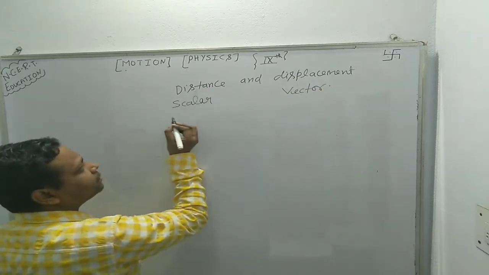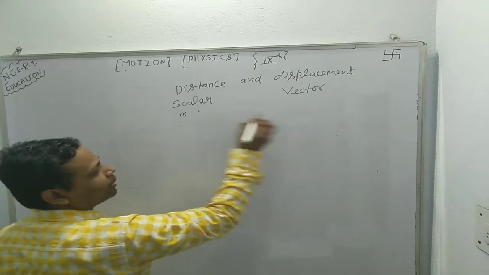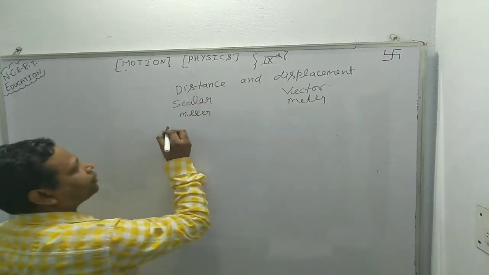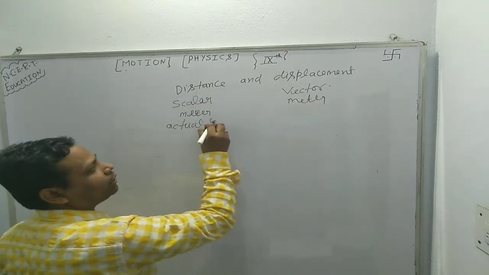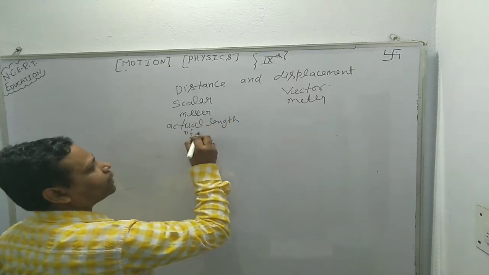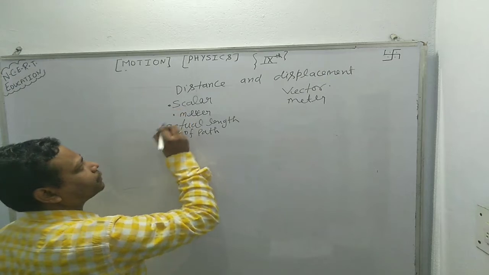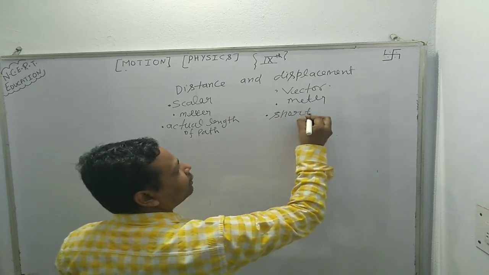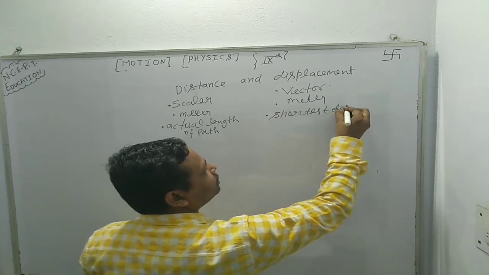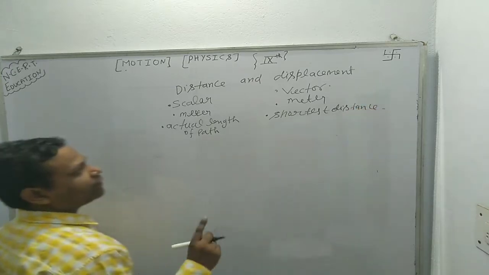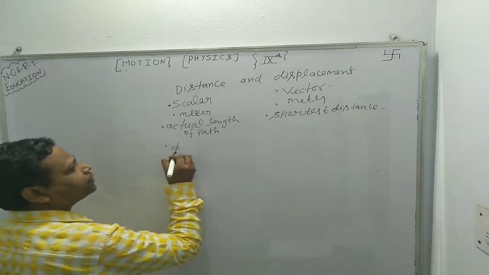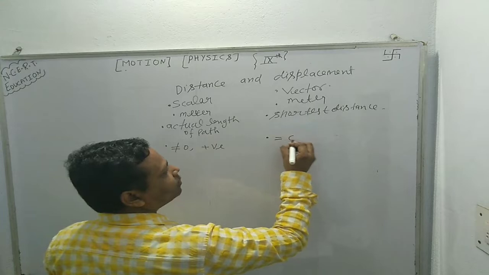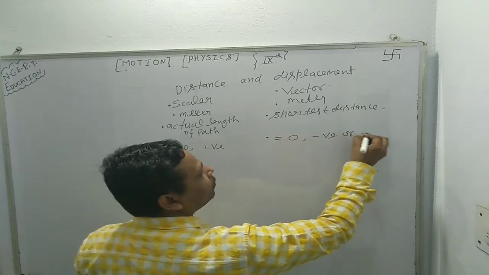Both are measured in meters. Distance is the actual length of the path, and displacement is the shortest distance between the initial and final position. Distance can never be 0 and is always positive, but displacement can be 0, and it can be negative or positive.